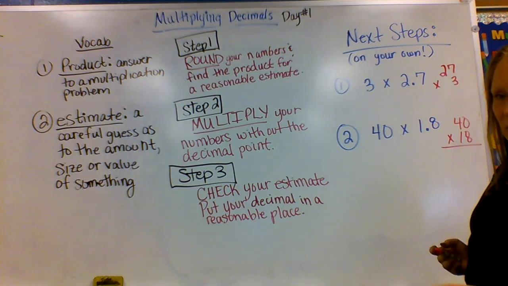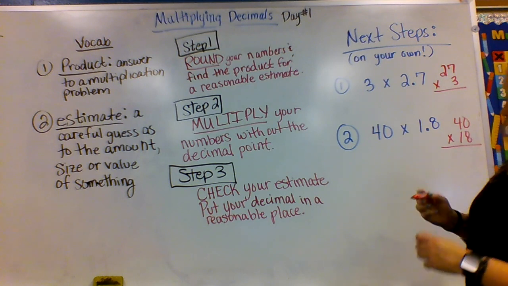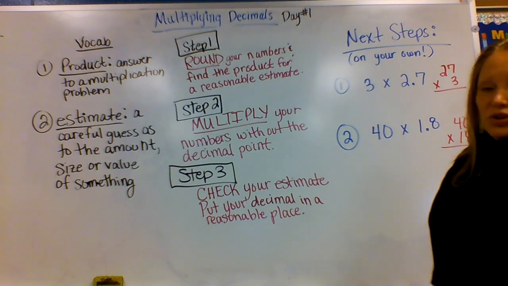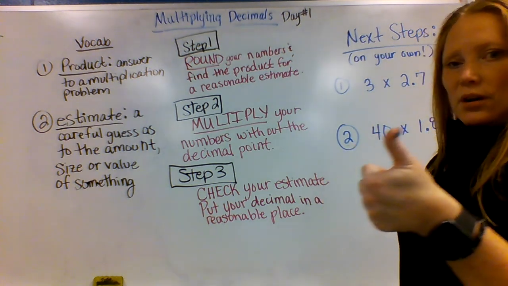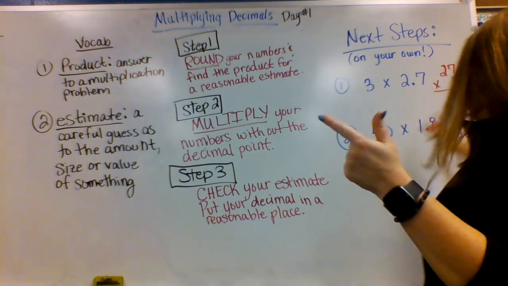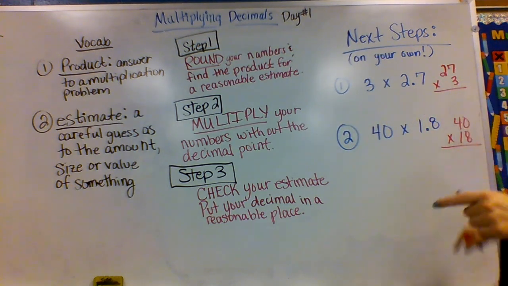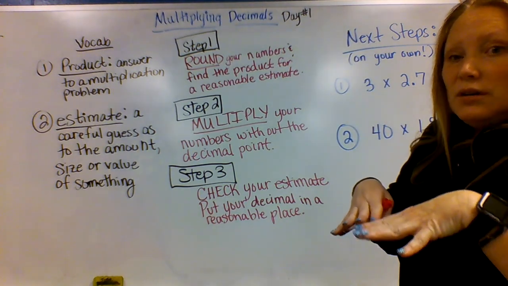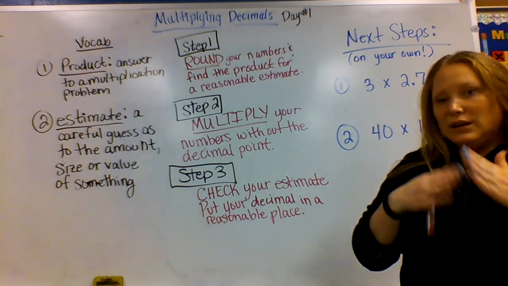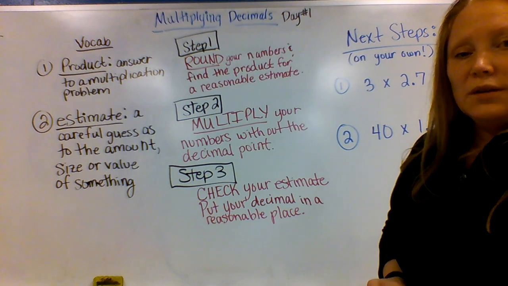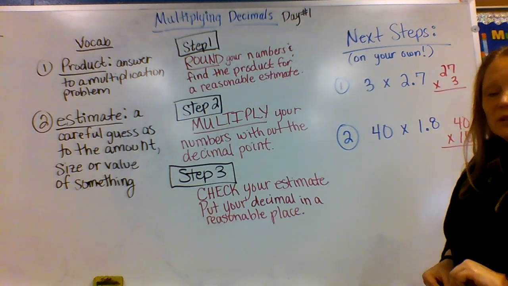Okay? Just to kind of give you a little heads up on that. Okay? But you need to find your estimate first. Multiply without the decimals. And then you need to figure out where your decimal goes by checking it with your estimate. See how you're going to get that number close to your estimate for a reasonable answer.